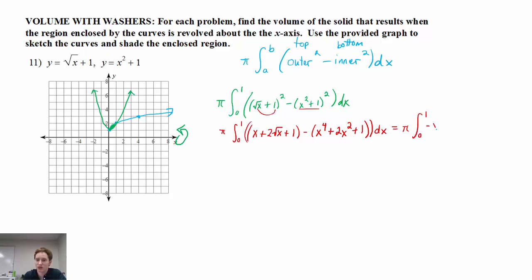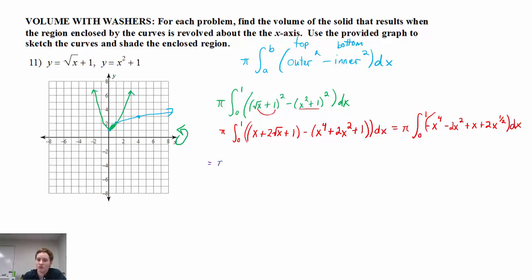If I want to put this in order, I'd put negative x to the 4th and then negative 2x squared together. The 1's actually cancel because I have 1 minus 1, so that's nice. And then I have plus x and plus 2 square roots of x. And I'm going to go ahead and change 2 square roots of x to 2x to the 1/2 to save myself an extra step of writing. And then I'm ready to power rule this.